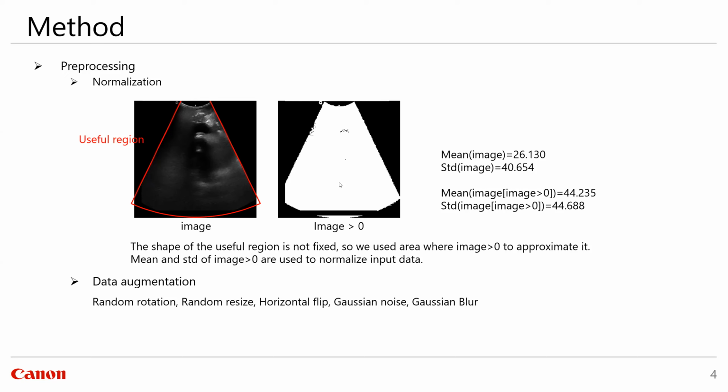The shape of the effective region is not fixed, and there are few points with pixel value 0 within the region. So we use pixels bigger than 0 in the image to approximate the true distribution. Other steps are similar to others.